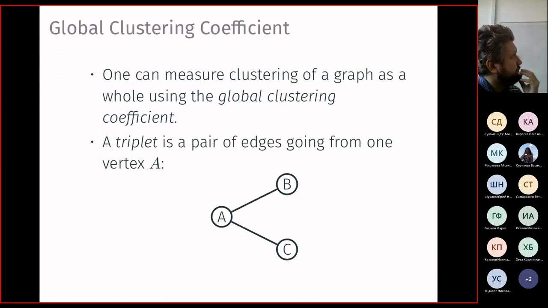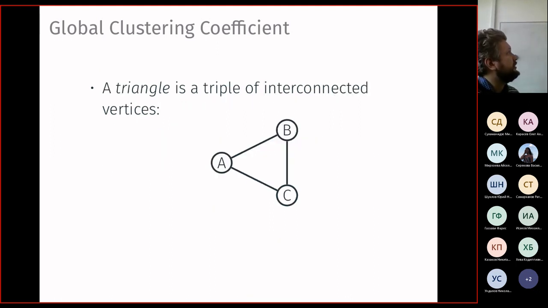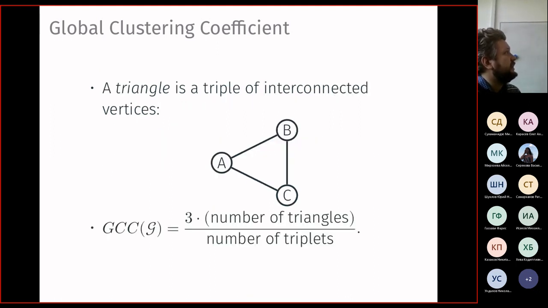You can measure it using the global clustering coefficient. You take a triplet, which is a pair of edges going from one vertex, and a triangle is just a triple. The global clustering coefficient is 3 multiplied by the number of triangles divided by the number of triplets. So you see how many of the triplets get realized as triangles, how many of the triplets have this third edge.